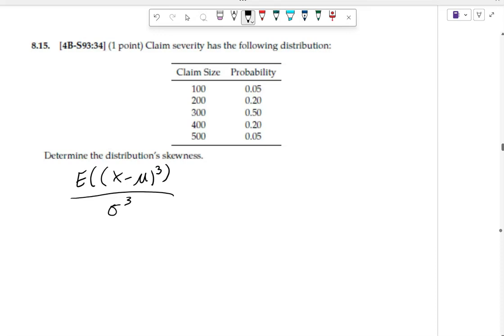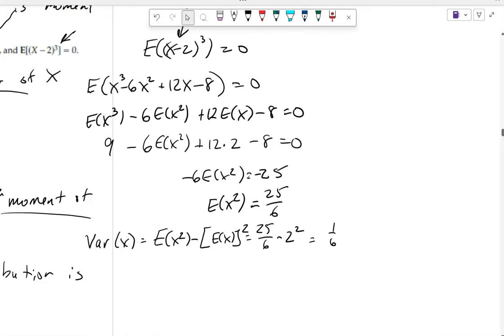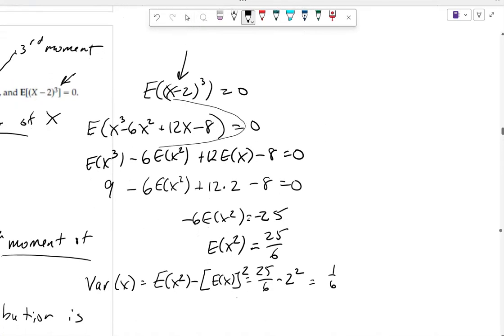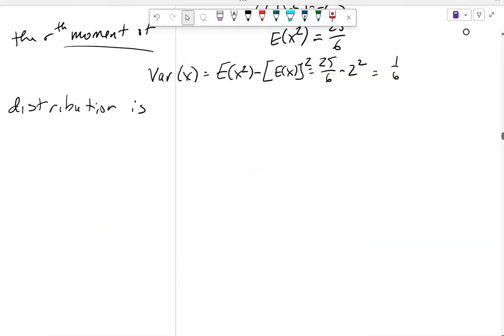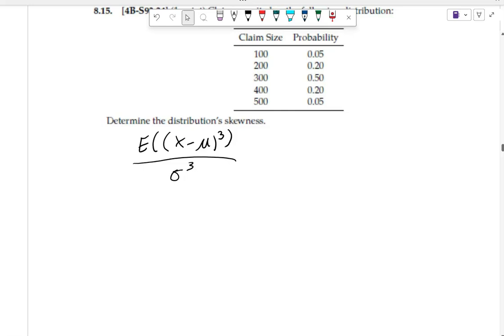All right. In any event, in order to do this, you can either do what we did before and multiply out something that looks like this, right? But in this case, I think it's just as easy, especially since we have a relatively small distribution, to calculate your mean and then just do your expected value using the cubed formula, rather than trying to multiply it all out.